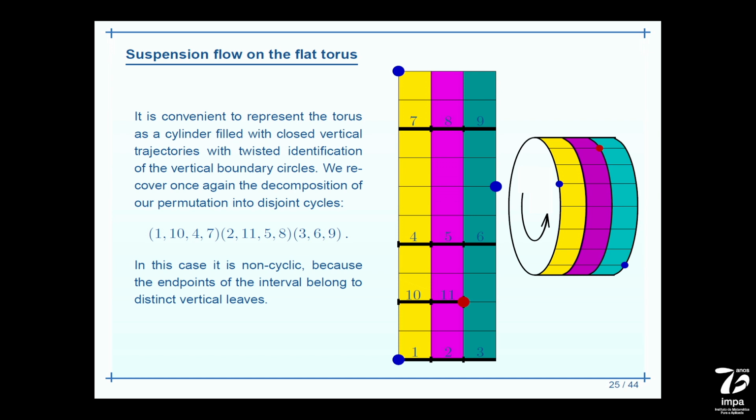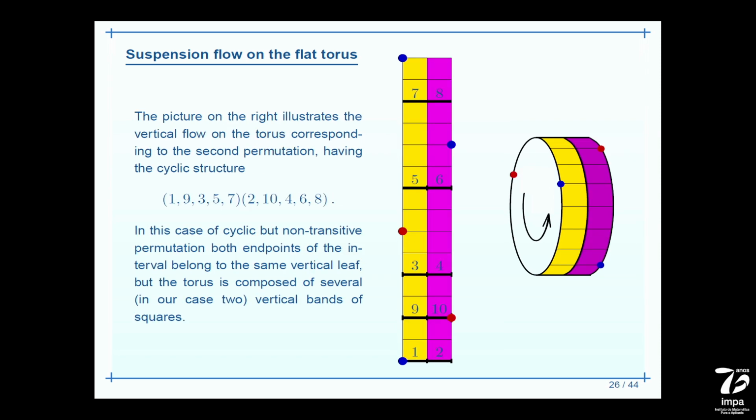Now it is particularly easy to see why the corresponding permutation is neither transitive nor cyclic, because this is the endpoint of our segment, and the structure of these yellow and purple trajectories is really different from the structure of this green trajectory. Sorry, I manipulate the remote control badly.